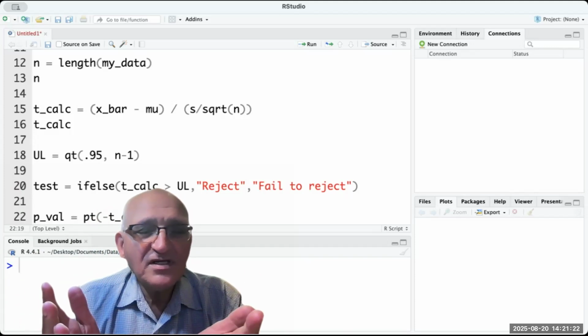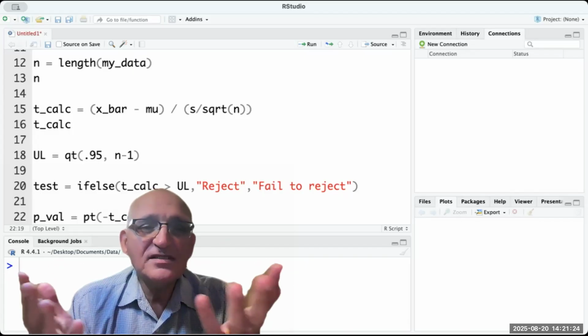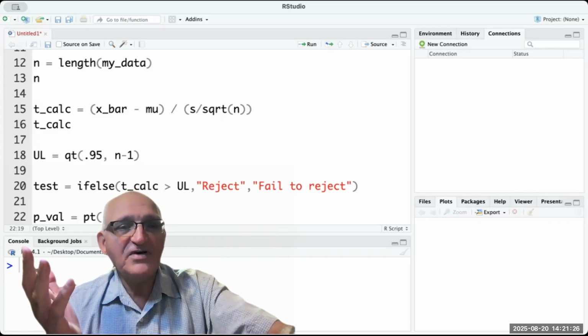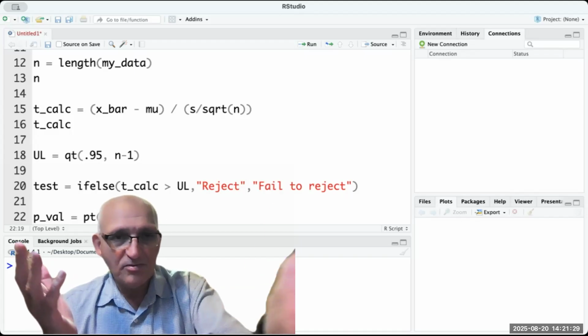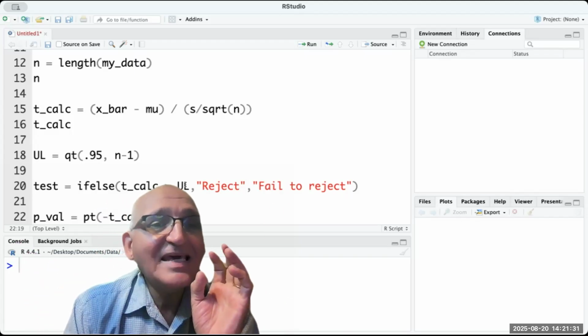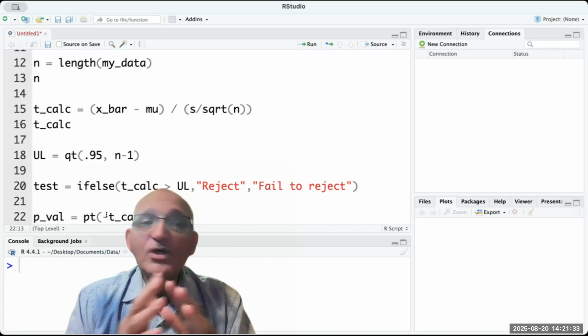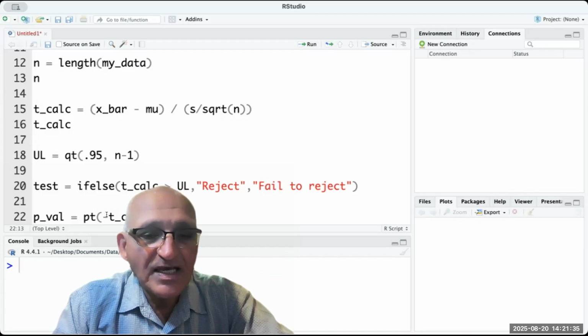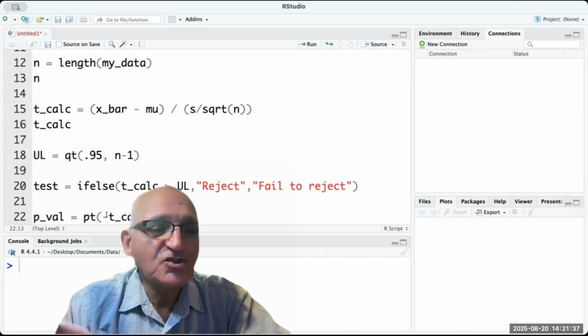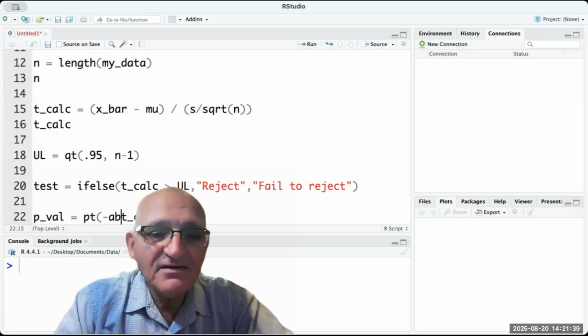Suppose this was a two-sided test. If it's a two-sided test, the p-value would be multiplied by 2. This quantity would be multiplied by 2. But to guarantee that what you are doing is correct, I always tell my students to say negative the absolute value of t-calc.